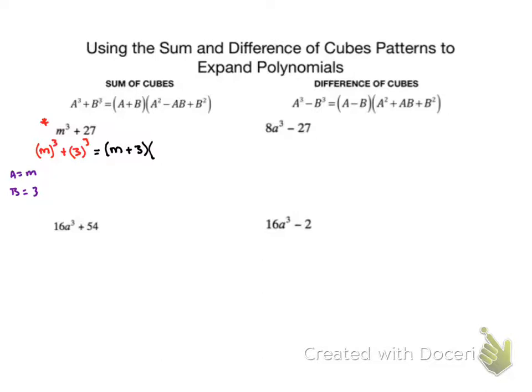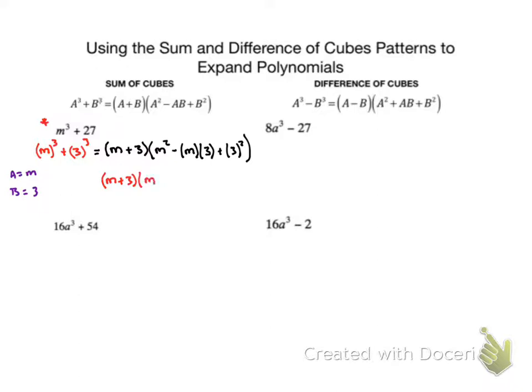Next, we have the second parentheses, and we have a squared there. A squared is just m squared, minus a, which is m, times b, which is 3, and then plus b squared, which is 3 squared. So we have a bit of simplifying we have to do on the inside here. I'm going to rewrite this first parenthesis, m plus 3.